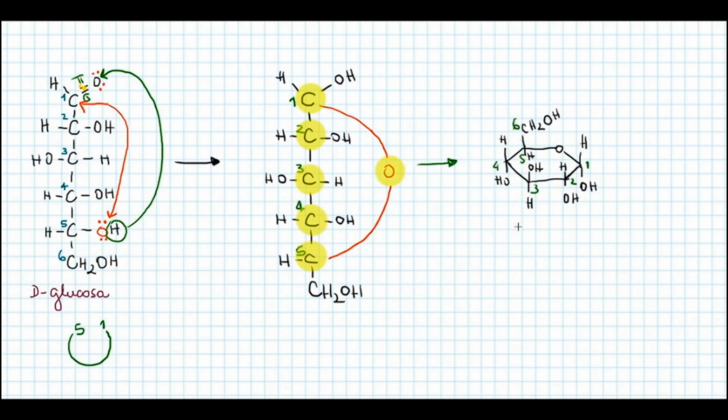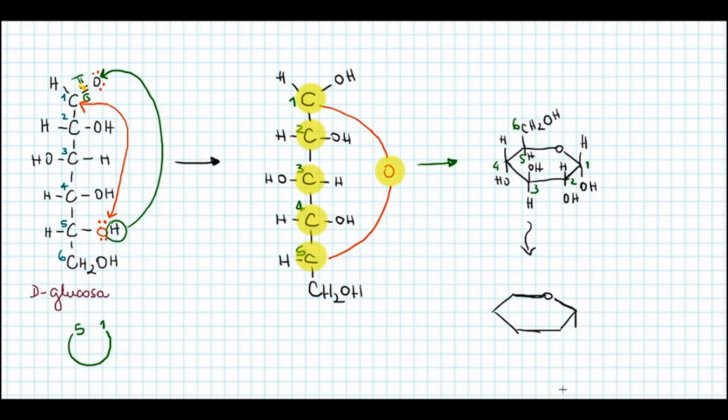So that this structure is not so cumbersome, it is simplified as follows. I draw the 6-sided ring, and I only draw the OH groups, but I'm not going to write the letters OH, I'm just going to put a dash where each hydroxyl group is found. Therefore, carbon 1, the hydroxyl group is down, I draw it down.